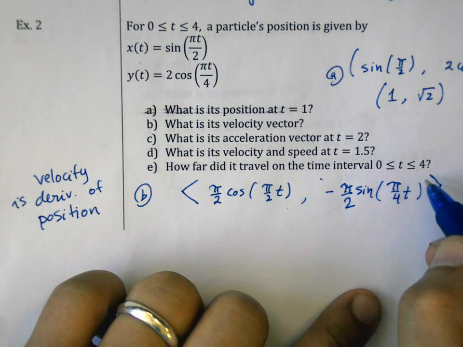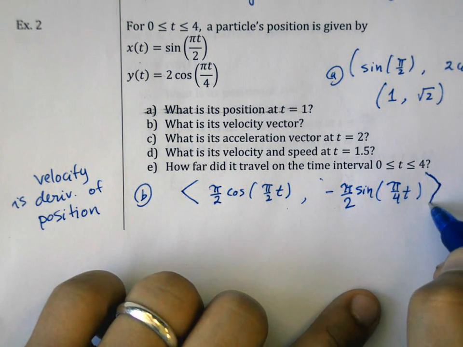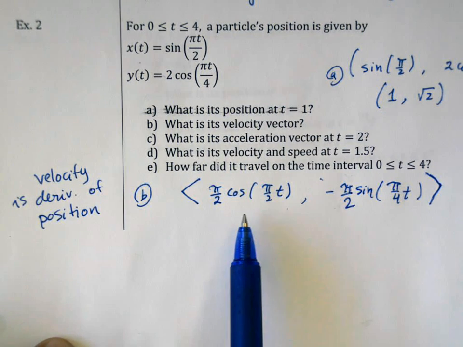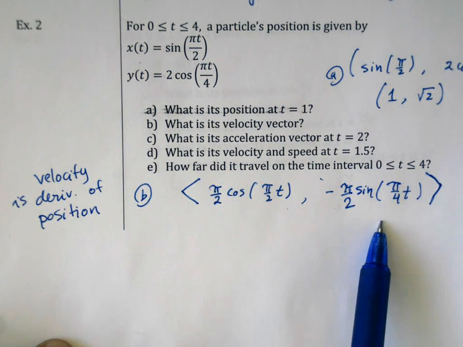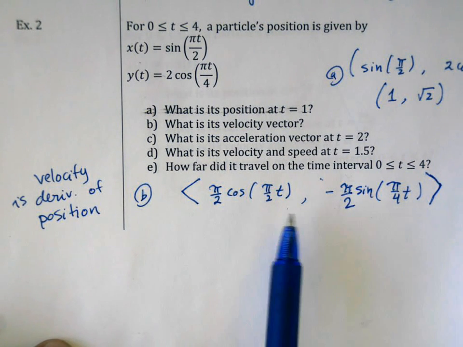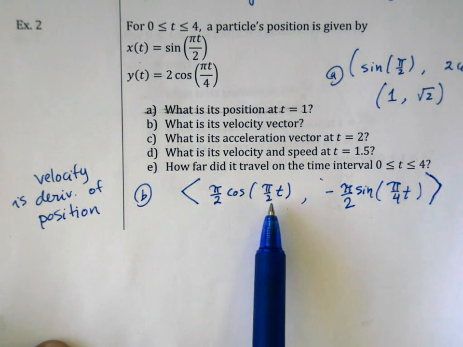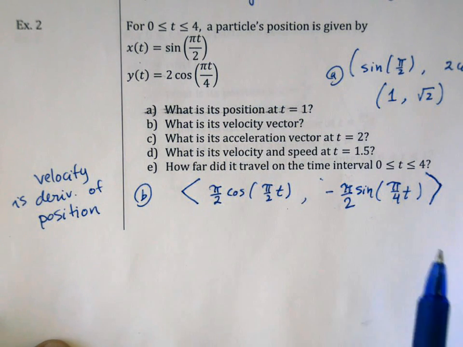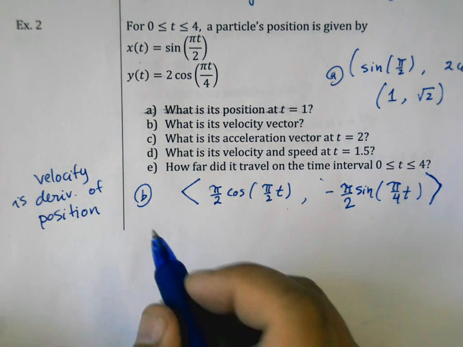And I'm putting these angle brackets in here because this is a vector. This vector describes the instantaneous velocity at any given moment in time. If you want to know its velocity at a certain time, you plug that number into t, and this will tell you.